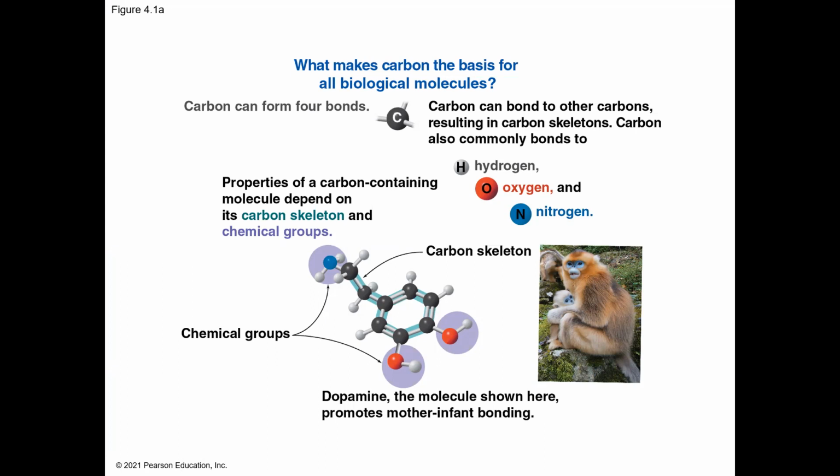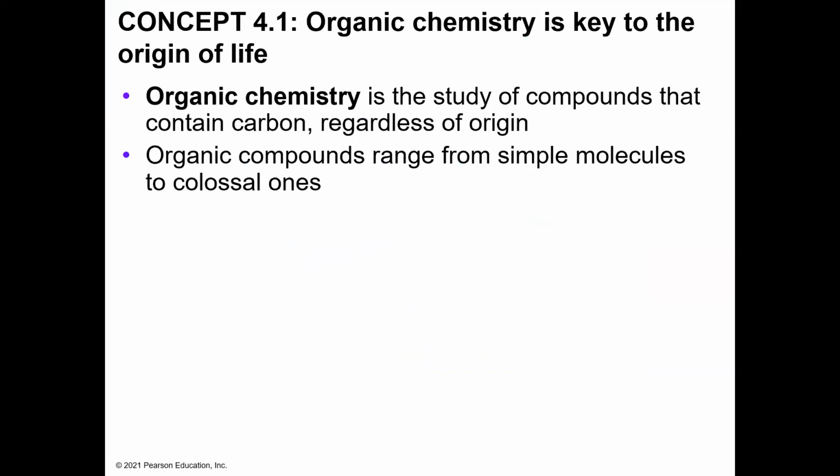The chemical groups that are available and the carbon skeletons itself that allow for extra groups to bond to it help produce some of the large variety of molecules that exist on the planet. So, studying carbon is also studying organic chemistry.